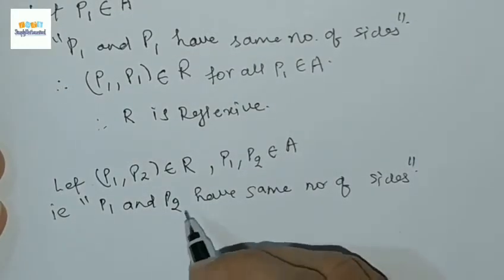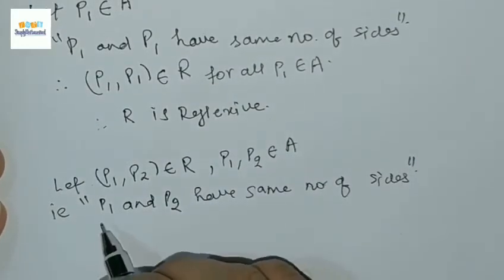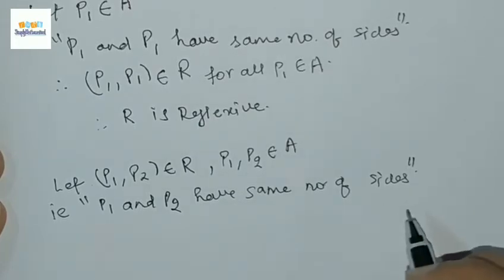Now we can say that P2 and P1 have same number of sides.